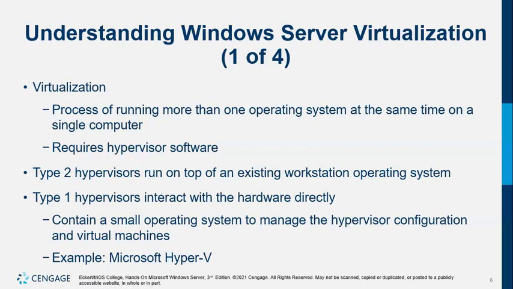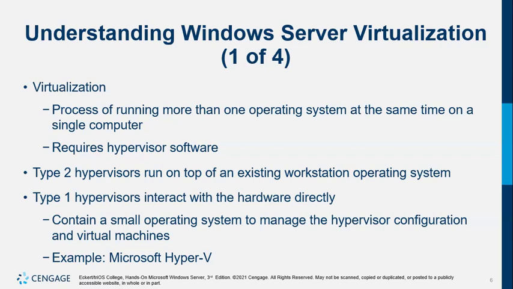And what that means is you can have, we'll say a laptop for an example. You might have Windows 10 or Windows 11 running on that laptop, and that is the operating system running on the hardware of your laptop. The virtualization that we'll be using in this course is type 2, which runs on top of the workstation operating system.